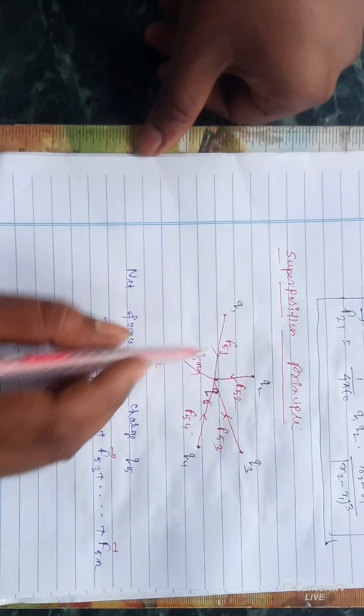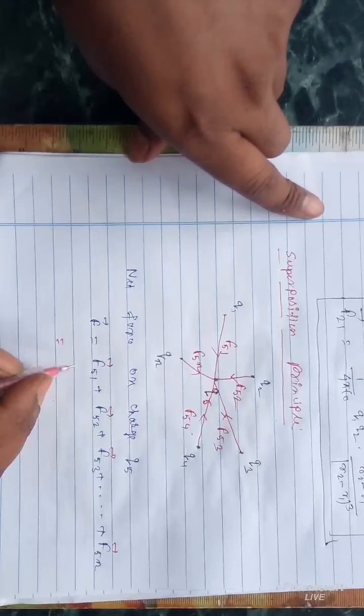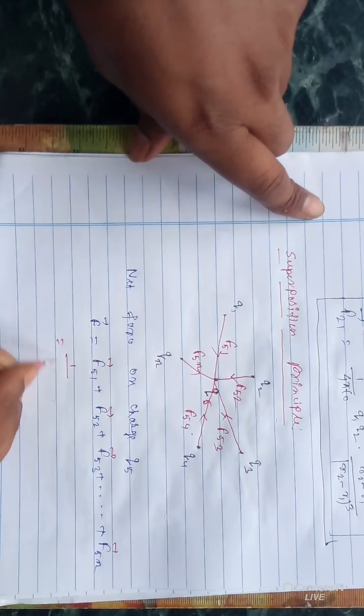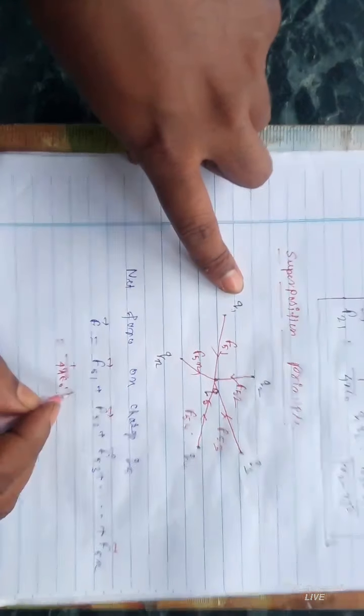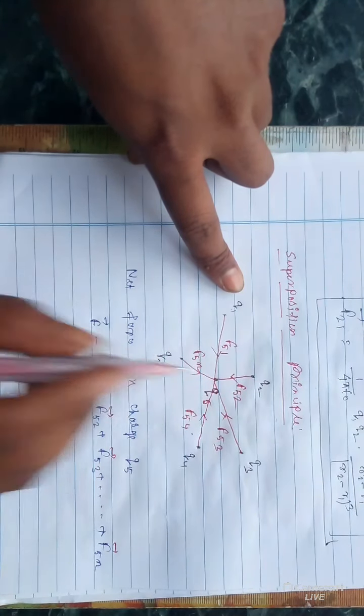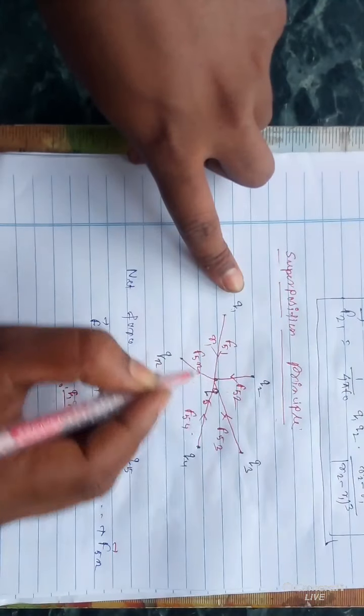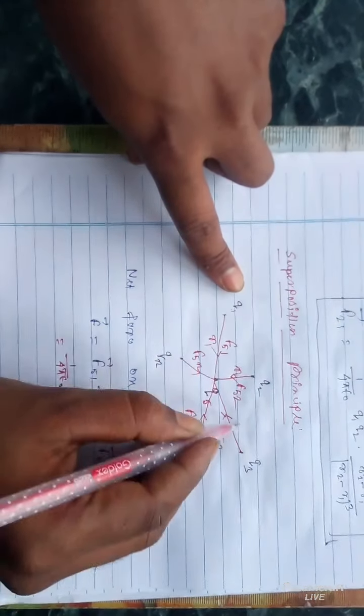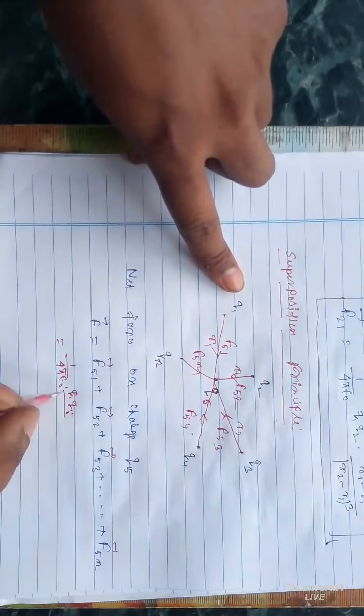F on 5 due to 1. Notice here, F on 5 due to 1 is what? 1 by 4 pi epsilon naught, Q1 Q5 by R1 squared, where let the distances be R1, R2, R3.